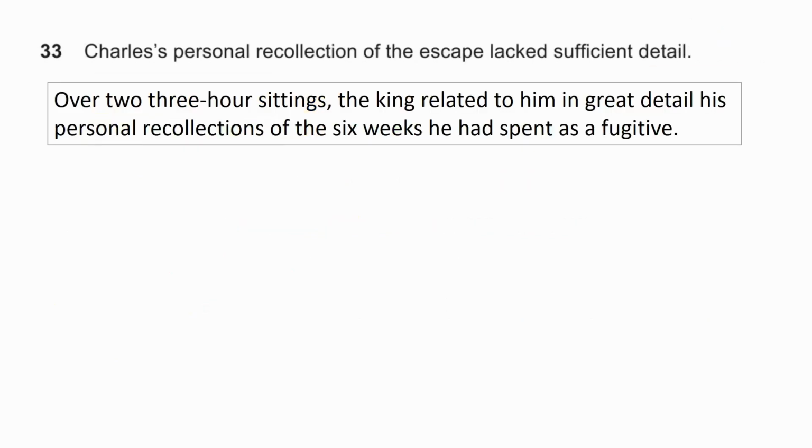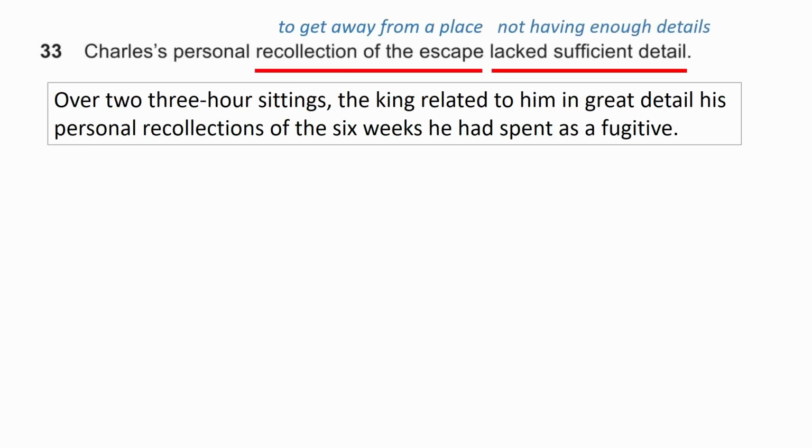Charles's personal recollection of the escape lacked sufficient detail. Recollection, a memory of something. Escape, to get away from a place. Lacked sufficient detail, not having enough details. Now, in the text we have: the king related to him in great detail his personal recollections of the 6 weeks he had spent as a fugitive.